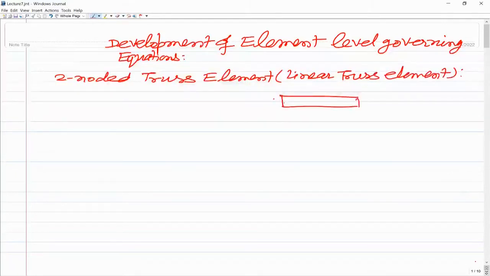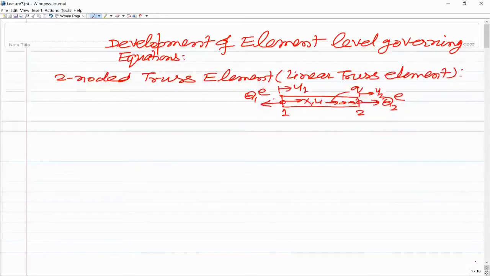we took this two noded element. This is the x coordinate, the displacement is u in this direction, and this is the local node 1 and this is the local node 2, and of course it is subjected to a uniformly distributed load q. Here we had q1e, and here the load from the other element is q2e. The displacement at this node is u1 and at this node is u2.